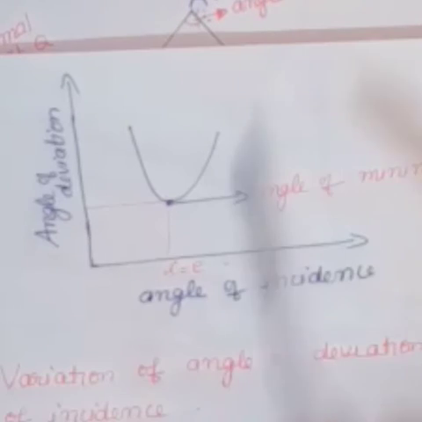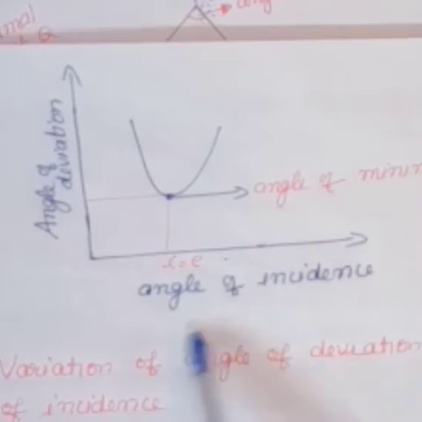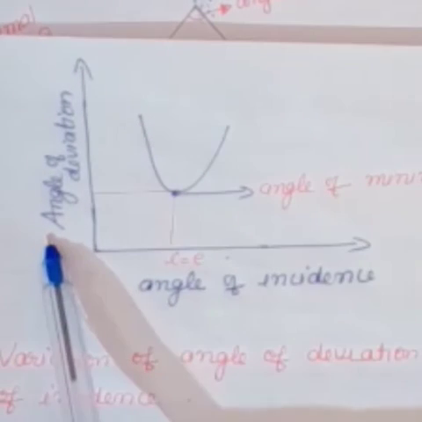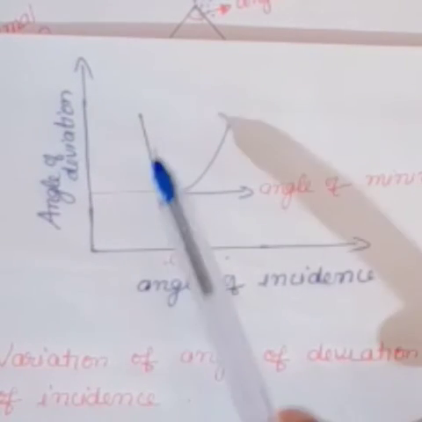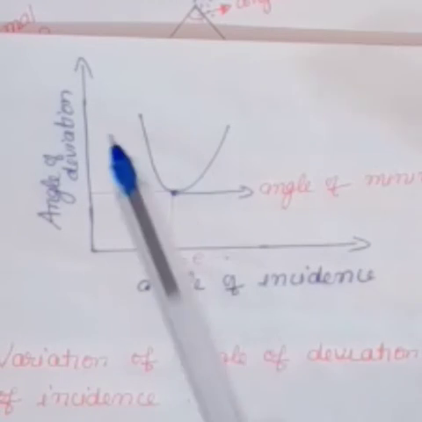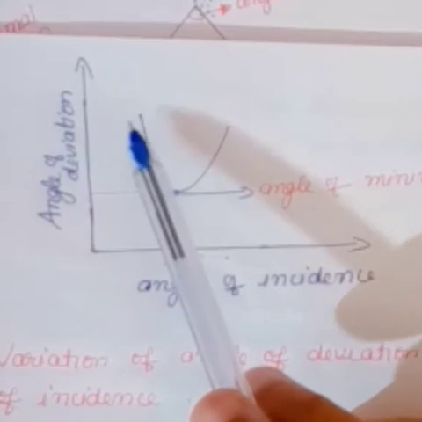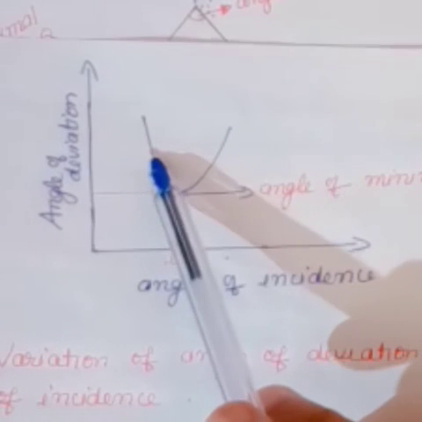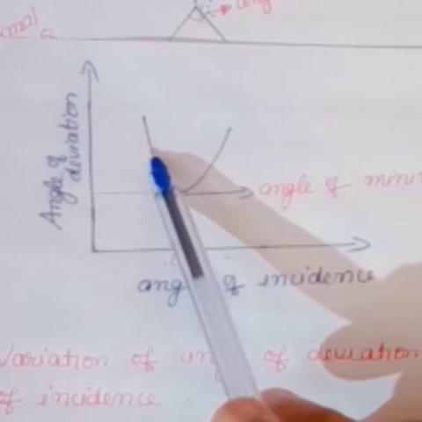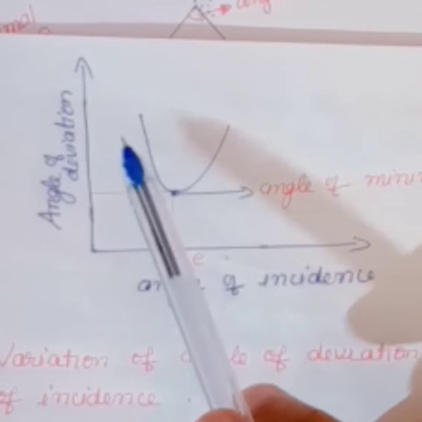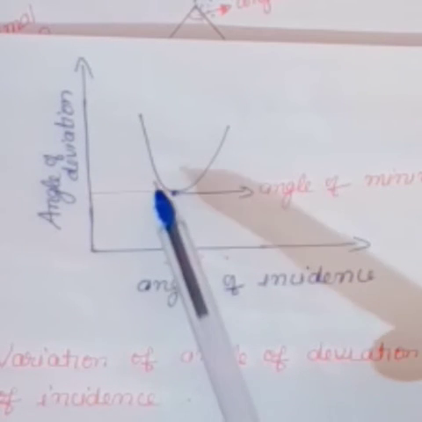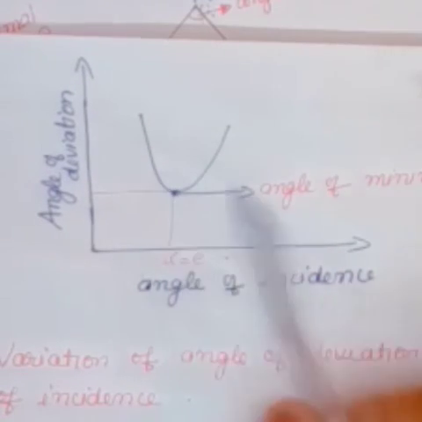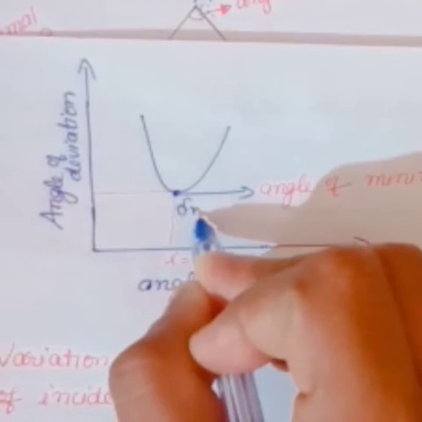See this graphical representation here: angle of incidence is along the x-axis and angle of deviation along the y-axis. As I increases, the angle of deviation first decreases and reaches a minimum value. This point is the minimum value delta M.